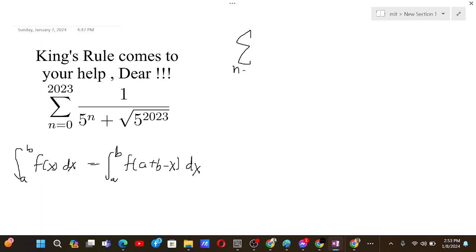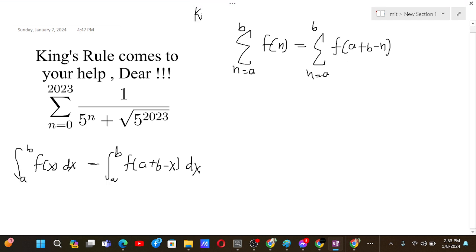Let's say n goes from a to b and we have f of n. This sum would be equal to the sum from a to b of f of a plus b minus n. So this is the King's rule.